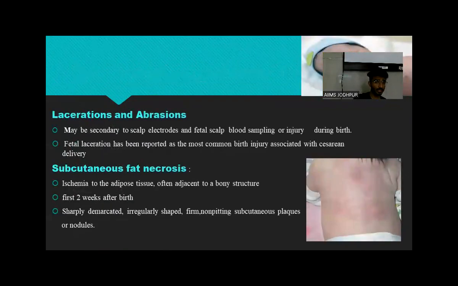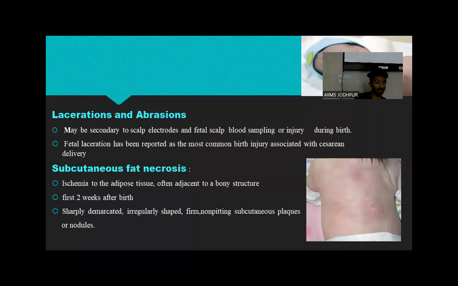Erythema and ecchymosis are transient, mainly seen with forceps delivery, and present over the presenting part during delivery. We should also rule out coagulation disorders before considering ecchymosis and petechiae.